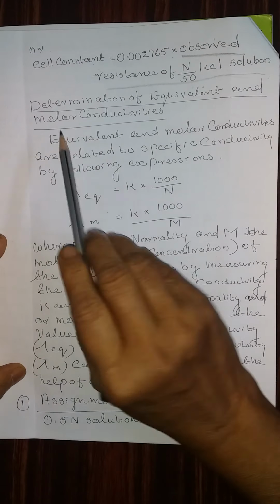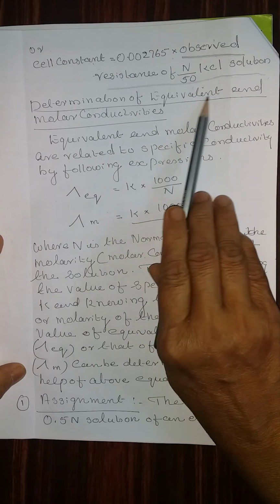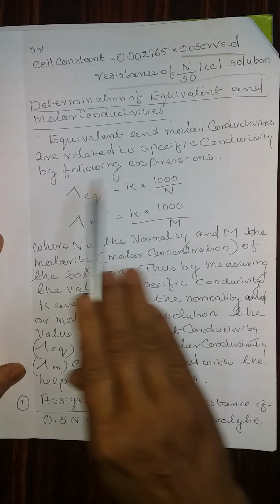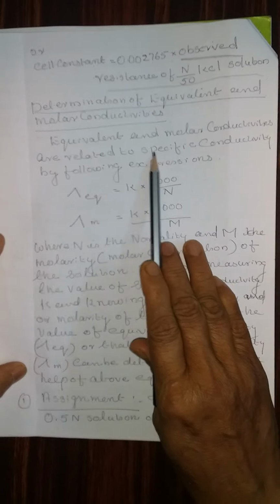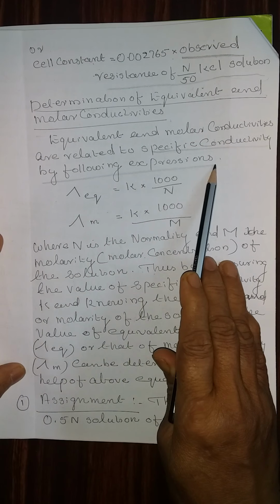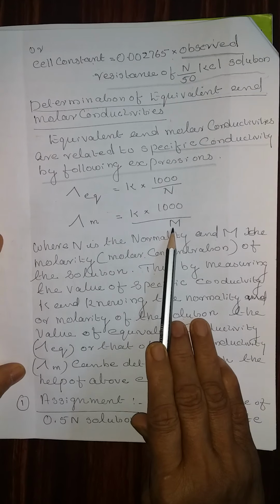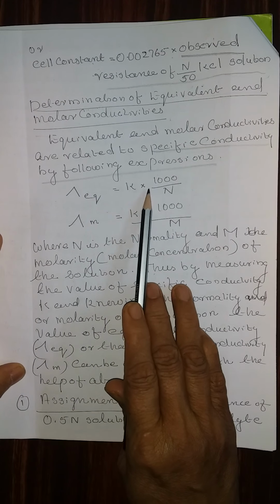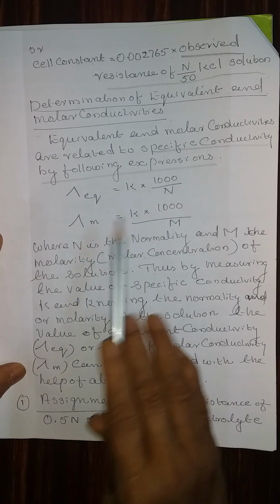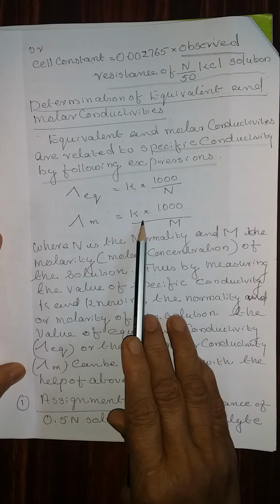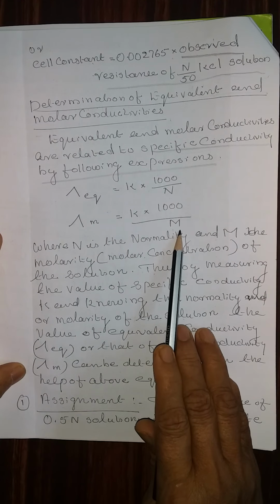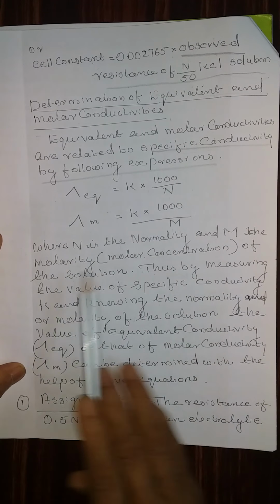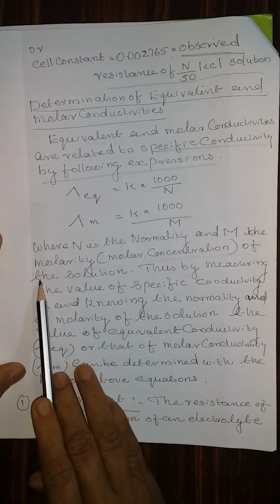One more point is there in the syllabus. How will you determine the equivalent and molar conductivities? Equivalent and molar conductivities are related to the specific conductivity by the following expressions; you already know these equations. Equivalent conductivity is equal to kappa into 1000 by N, whereas molar conductivity is equal to kappa into 1000 by M, where N is the normality and capital M is the molarity of the solution.